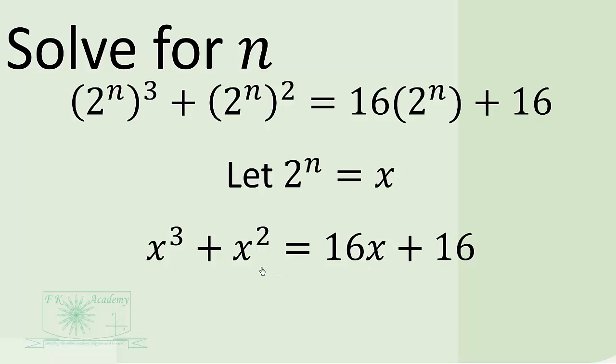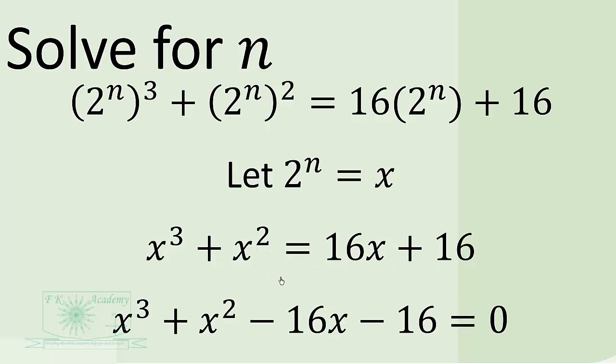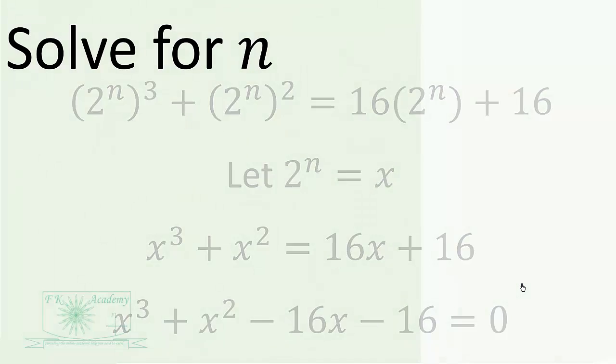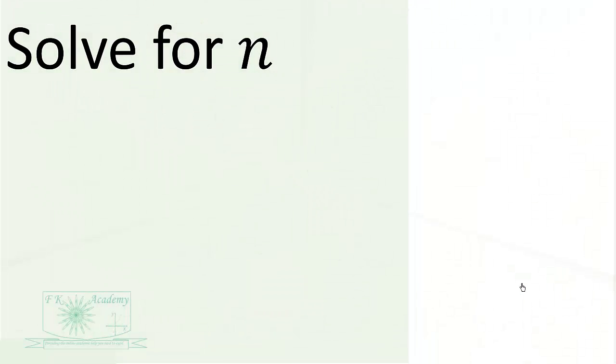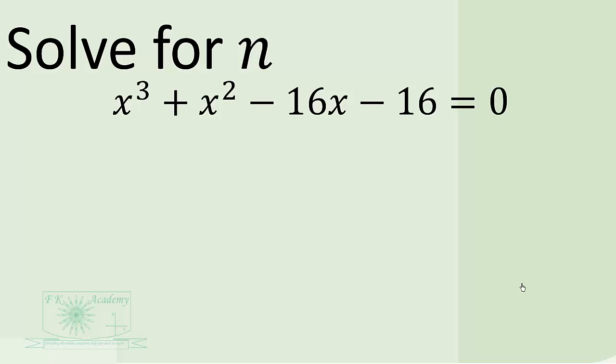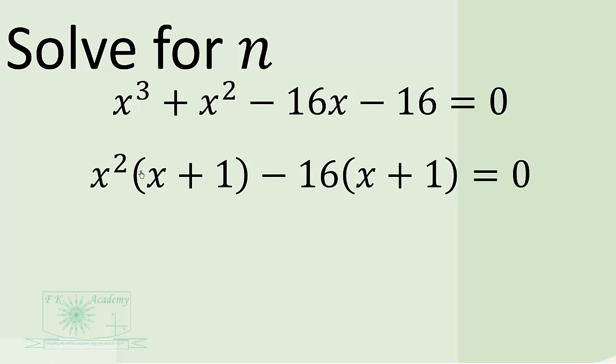Let us now rewrite in a standard cubic equation form so that we can factor. So let's factor. By inspection, we can factor x squared here, and we can factor negative 16 here.